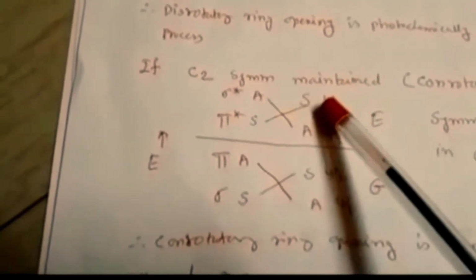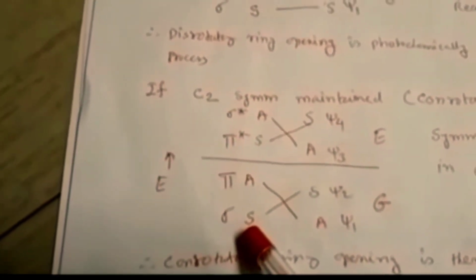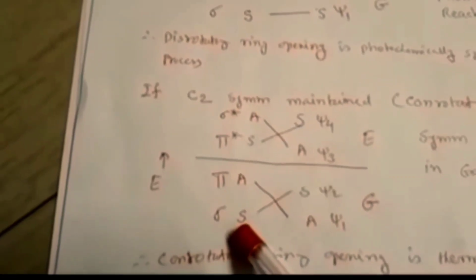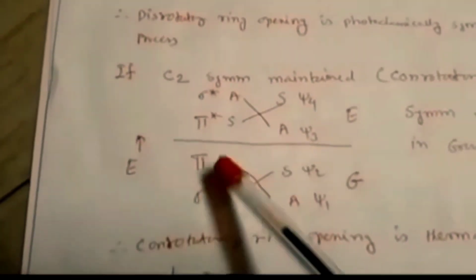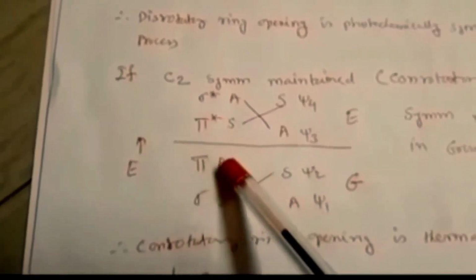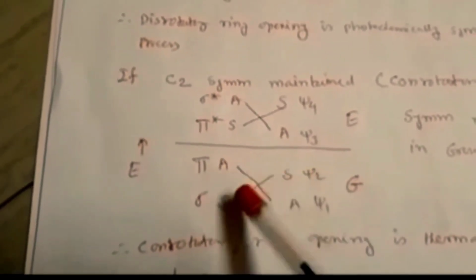So these are the symmetry properties of reactant and product with respect to the C2 axis of symmetry. Now see where symmetry matches. So see here asymmetric, asymmetric, symmetric, symmetric.